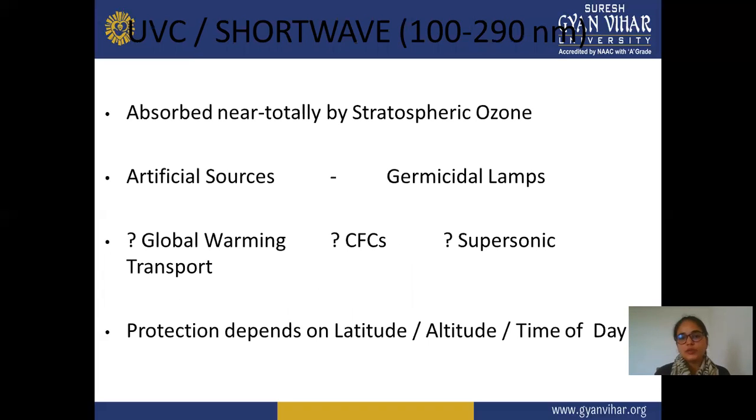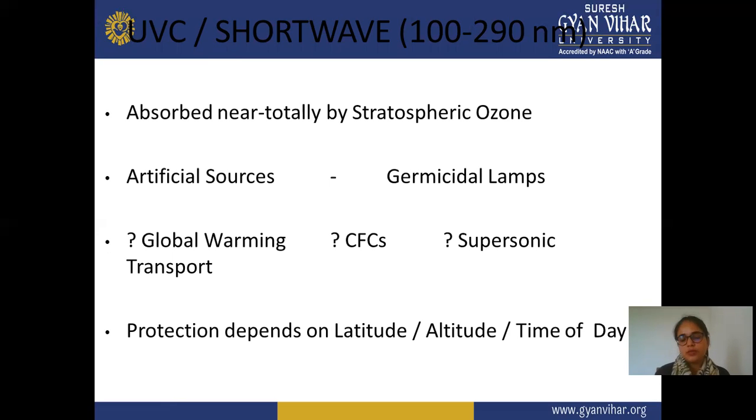It is absorbed almost totally by stratospheric ozone, meaning it is absorbed in the atmosphere and does not affect or reach your skin. It is directly absorbed by the ozone layer only. The artificial source is the germicidal lamp. Global warming, transport, supersonic exposure, and protection depend on the latitude, altitude, and time of day.